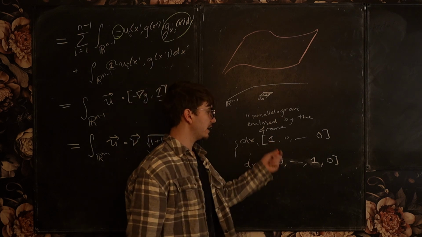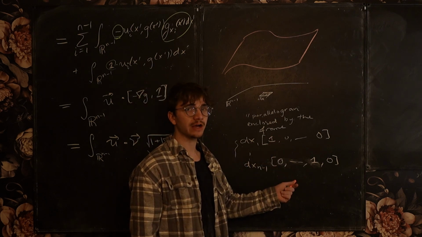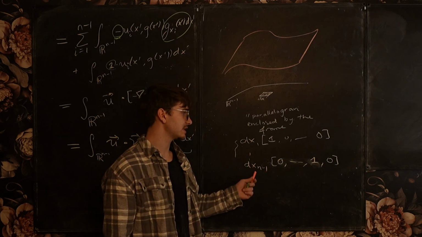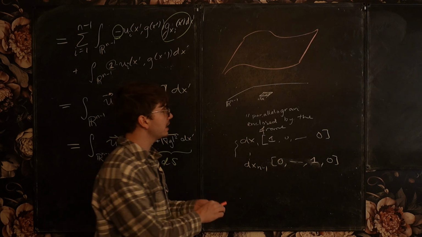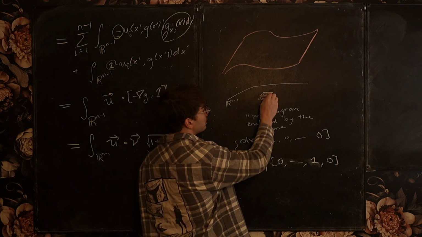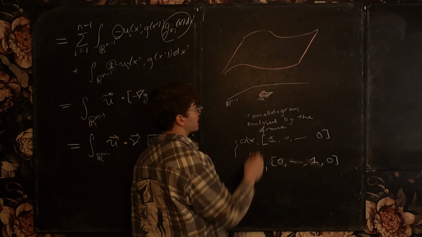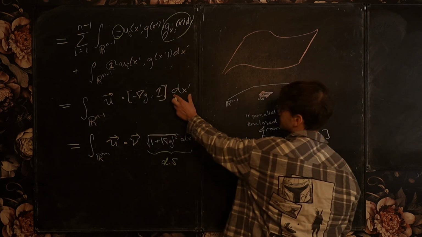So we have the first n minus 1 unit vectors, and they're all scaled by these differential units of length dxi. Then this differential unit of area in Rn minus 1 is simply this dx prime that we have here.